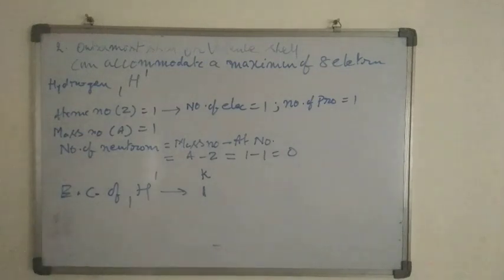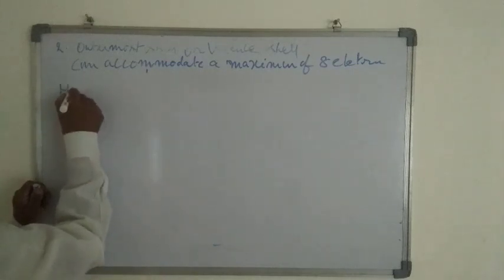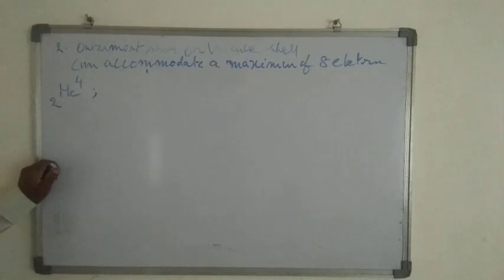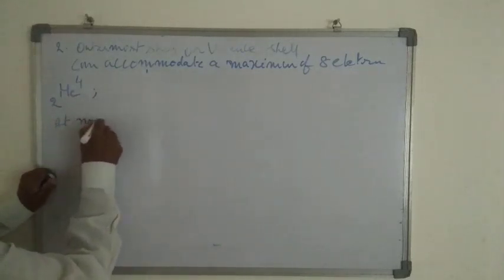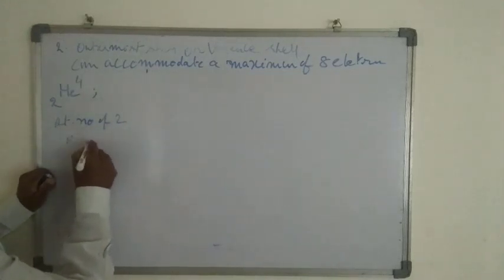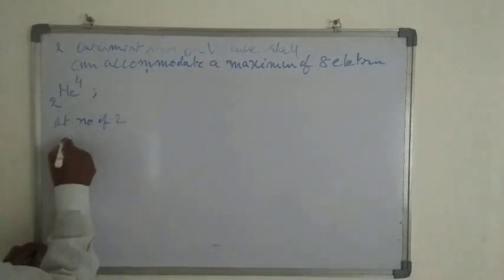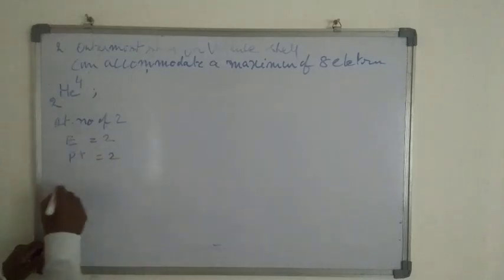Right. Now let us see helium, He, atomic number 2, mass number 4. The atomic number of helium is 2, therefore the number of electrons is 2 and the number of protons is 2.